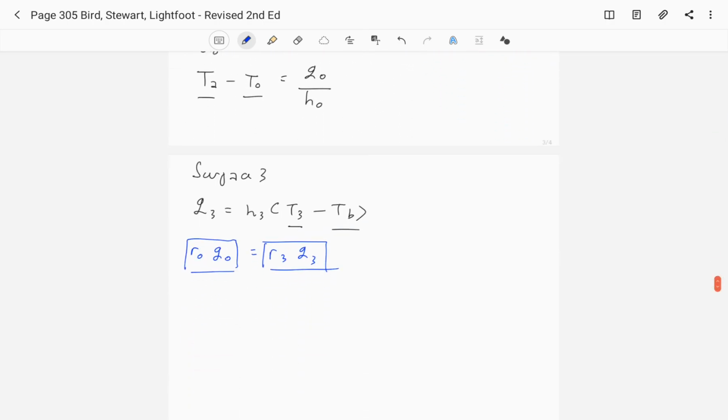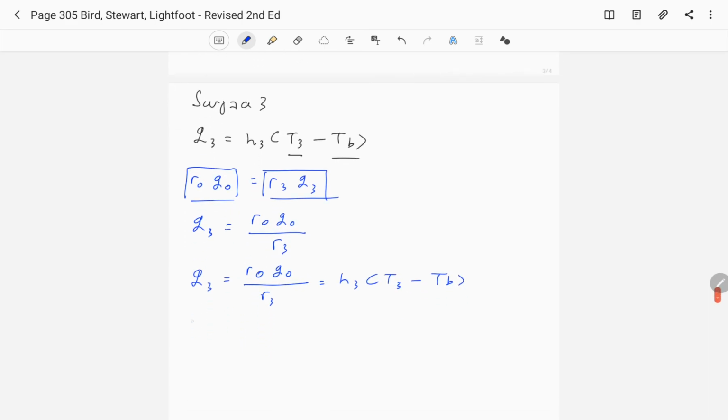And in here we can go further: Q3 will be equal to R0 Q0 divided by R3, and this will be equal to h3 times (T3 minus TB).